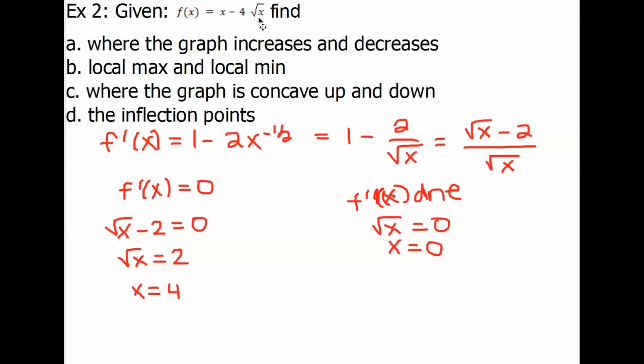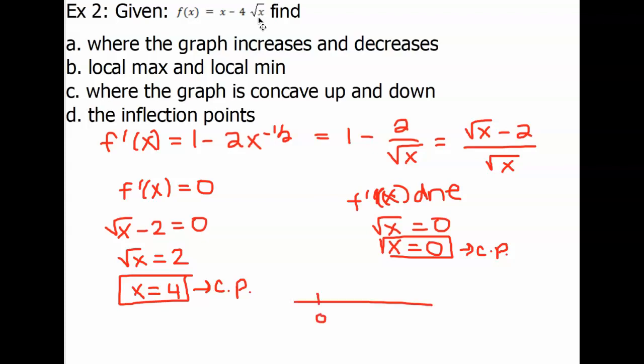So I have 2 critical points, a CP here and a CP there. And we're going to determine if we have maxes or mins, as well as increase or decrease. So I have 0, 4. We know the domain does not exist to the left.